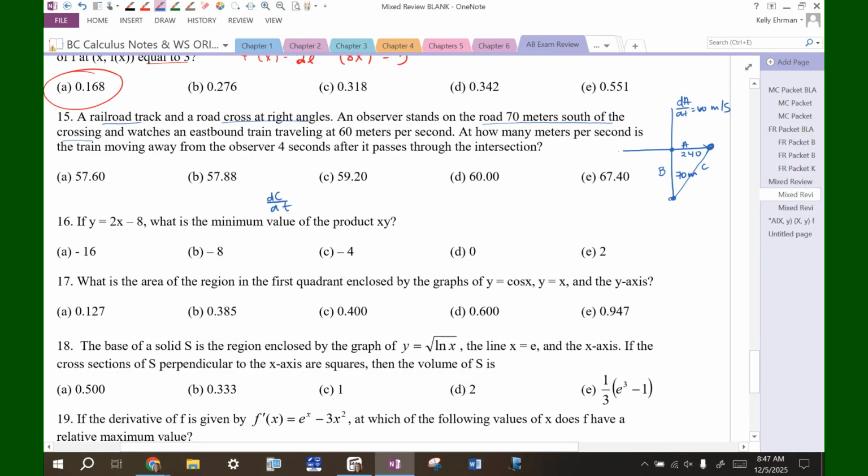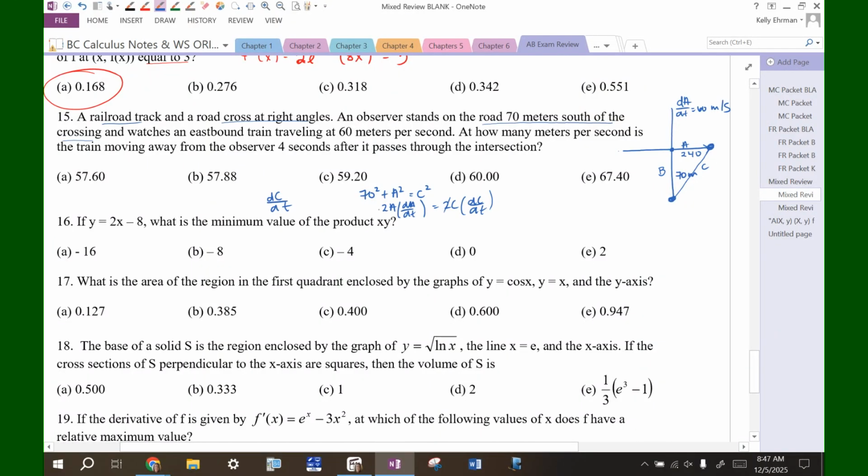The observer is just standing here. They don't have a rate. Okay, so our equation is 70 squared plus a squared equals c squared. And if we take the derivative with respect to time, the 70 goes away. That's fixed. But we get 2a dA dt equals 2c dc dt.